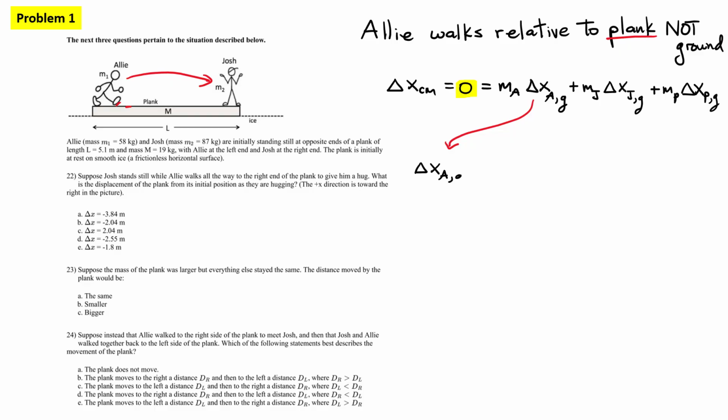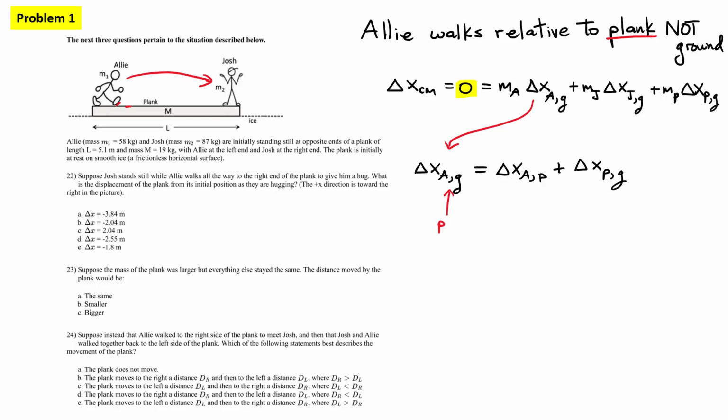So the displacement of Allie relative to the ground, my goal here is to insert a quantity that I know here, and this is going to be the plank. So the way that you write this displacement as the sum of 2 displacements is you write it as the displacement of Allie relative to the plank plus the displacement of the plank relative to the ground.